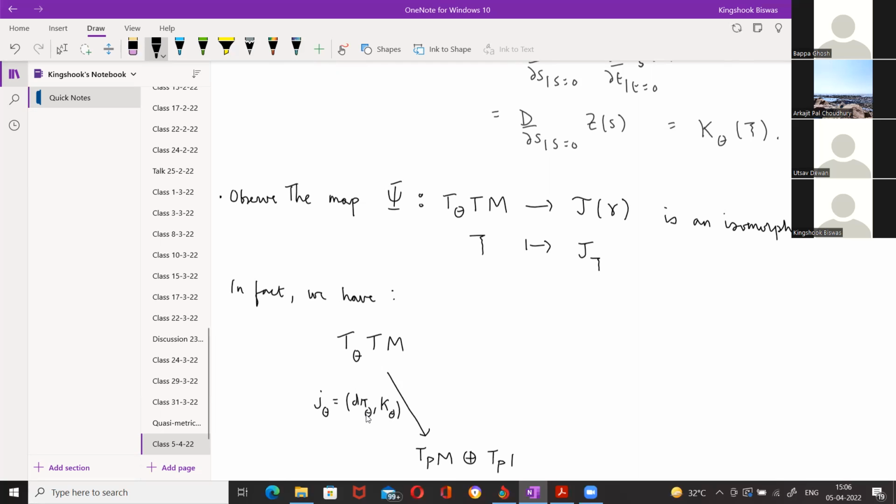And then we also have J gamma, which is the map of initial conditions phi, J goes to J0, J prime 0.